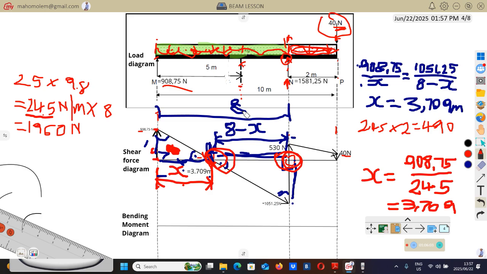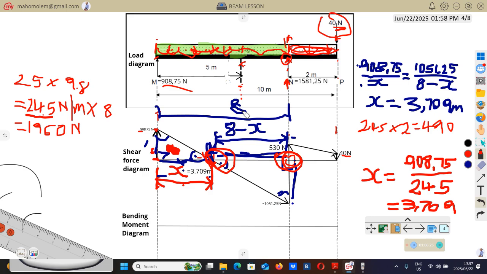This is where this beam is going to bend too much. If that bending is more than the ultimate bending moment of that particular beam, that particular material, then this beam is going to break there.